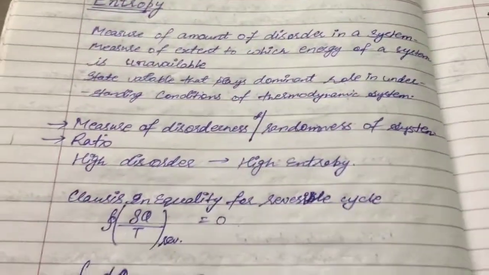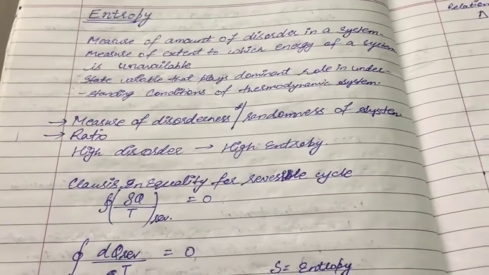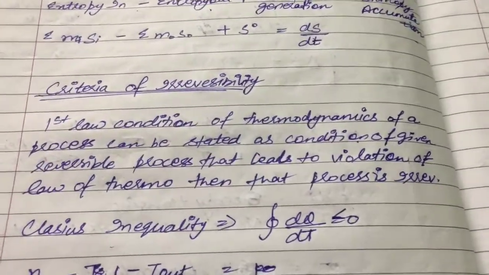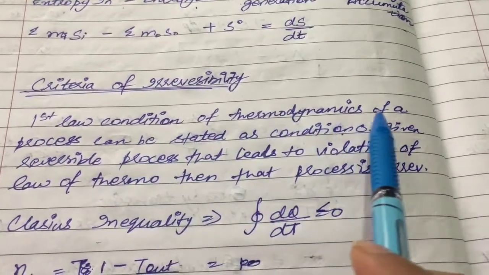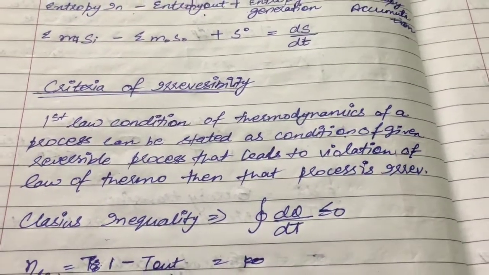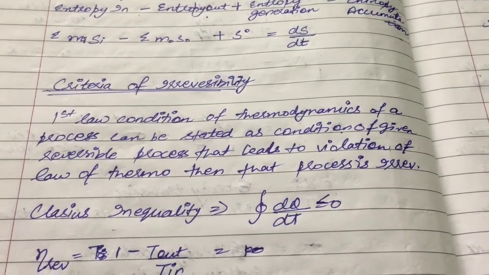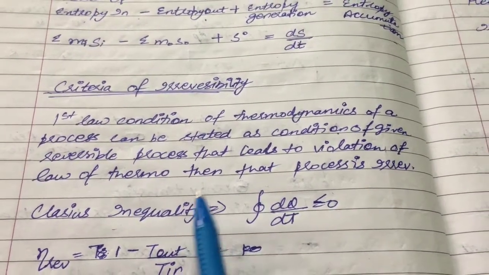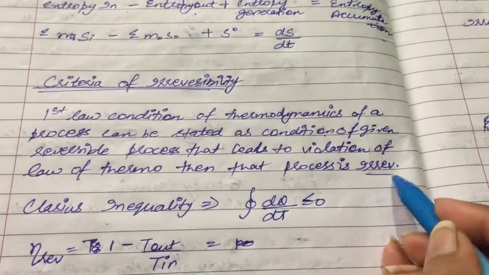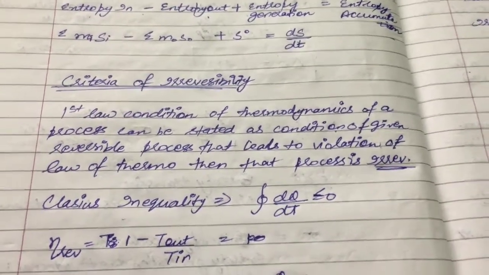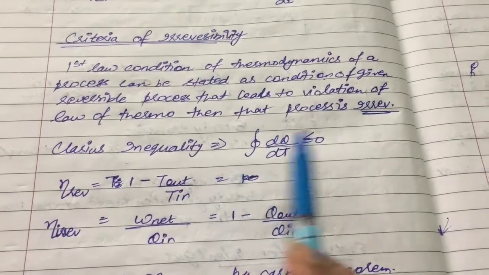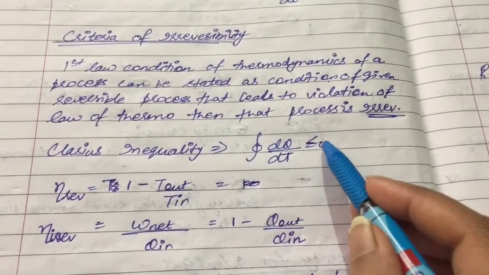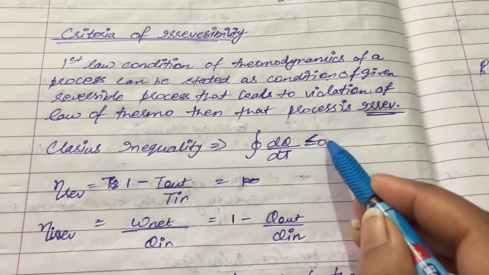So this was our Clausius inequality for entropy, and the criterion of irreversibility is that the first law condition of thermodynamics of a process can be stated as: if a given process leads to violation of a law of thermodynamics, then that process is irreversible. So Clausius inequality, we know that the integral of dq by T for a cyclic process is less than or equal to 0.